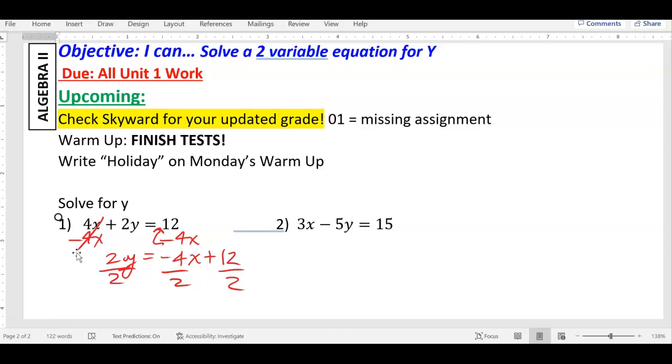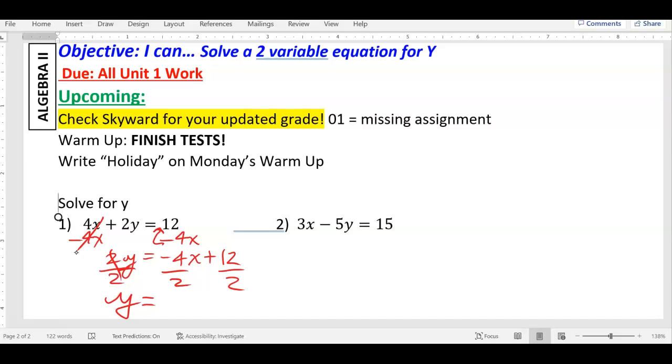Over on the left side, those 2's cancel out. Not putting the 1? No, just dividing by 2's. And then bring down y equals. And then you can reduce each of these fractions. So negative 4 over 2 is what? So just the coefficients. Negative 4 divided by 2. What's half of negative 4?